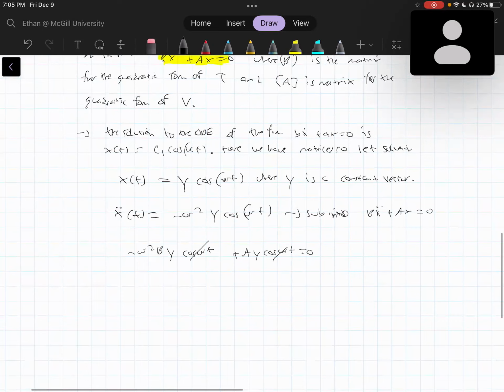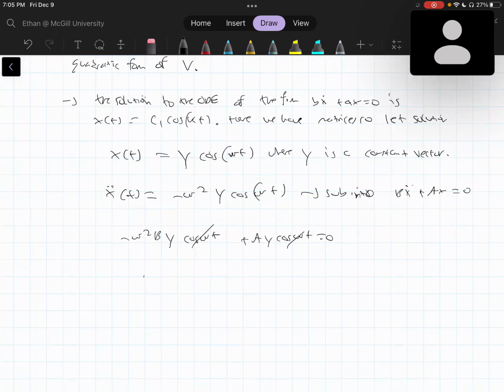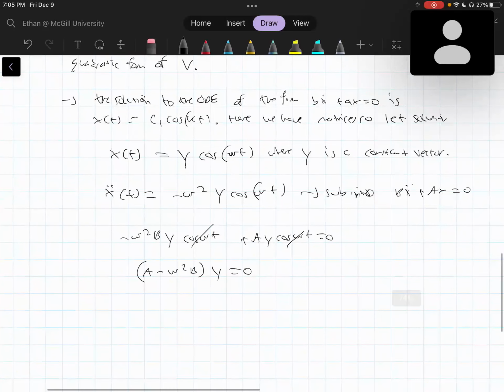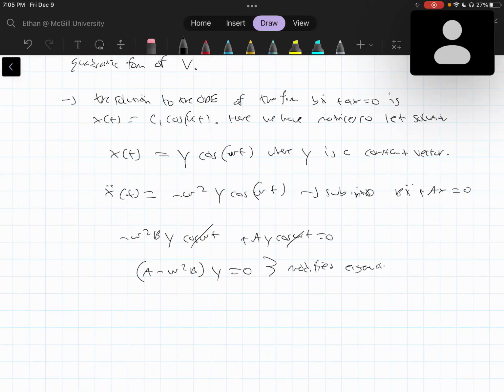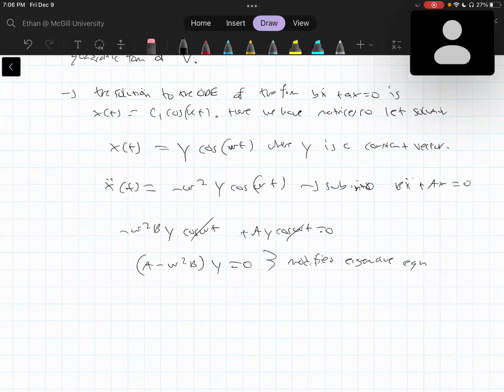Cos's cancel. We can simply rewrite this as A minus omega squared B times y is equal to 0. This is called the modified eigenvalue equation. You should always reach this step when solving the vibrating masses problem.